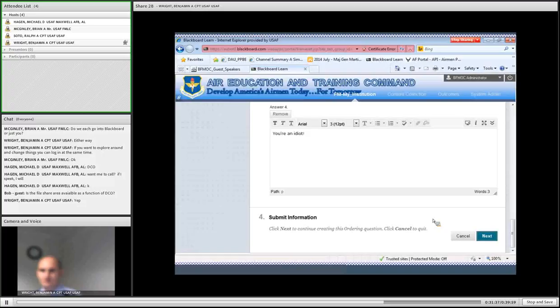Okay. Now we should be able to go back to underneath where you were selecting that test. It says make available. That creates the test. Okay.